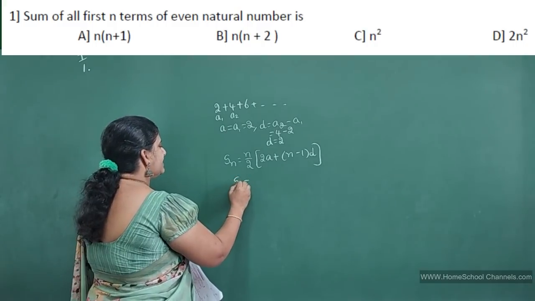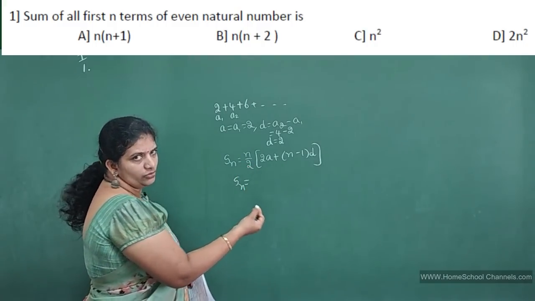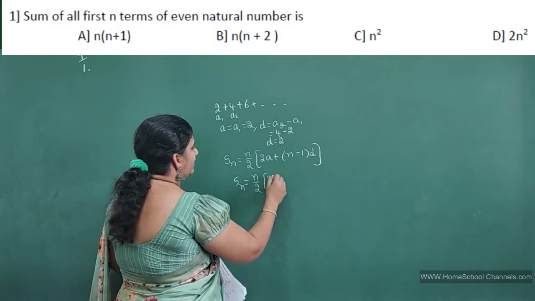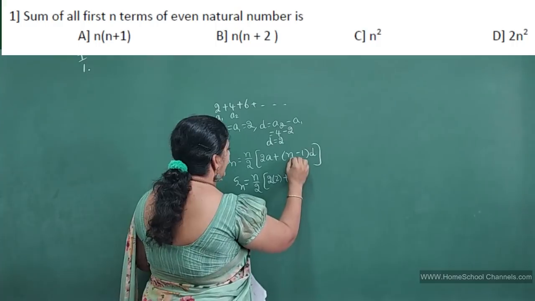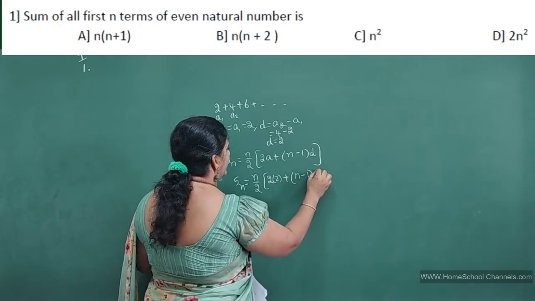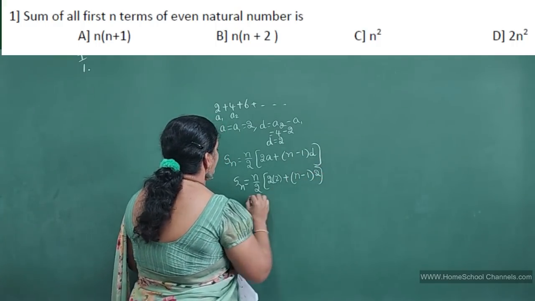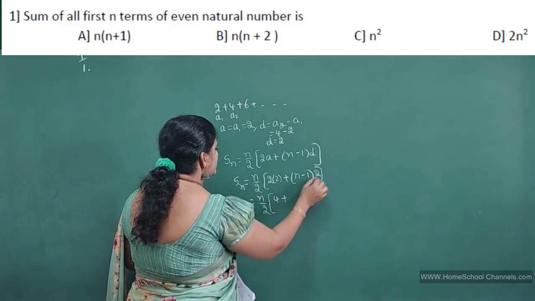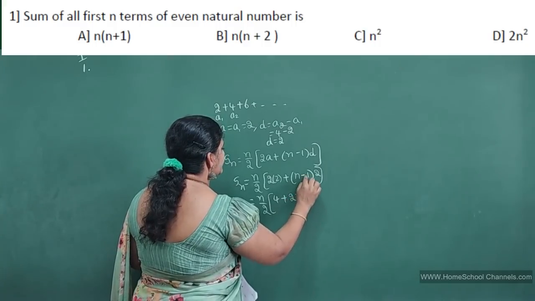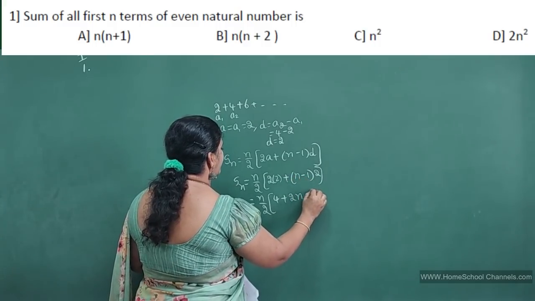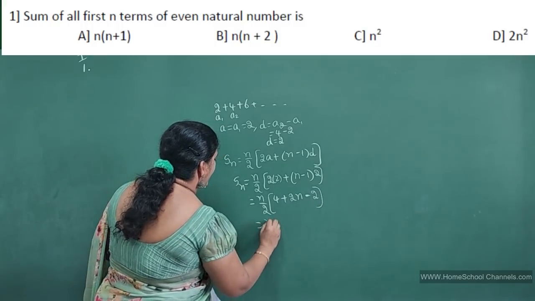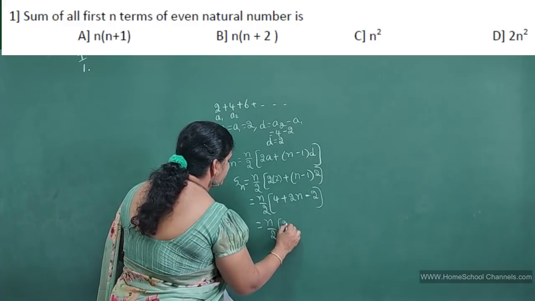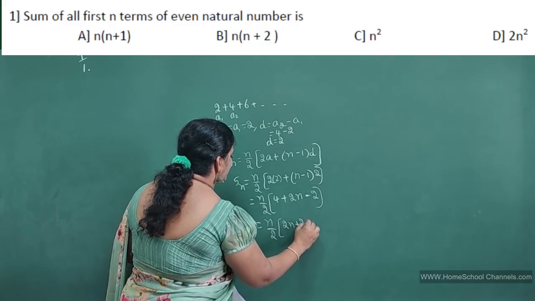Sn is equal to n by 2 into 2 into a value, which is 2, plus n minus 1 into d value, which is 2. N by 2 into 2 2s are 4 plus 2n minus 2. That is n by 2 into 4 minus 2 plus 2n, which is 2n plus 2.